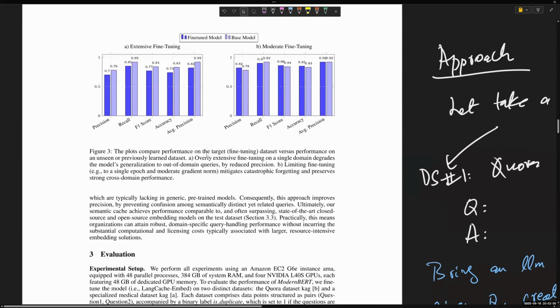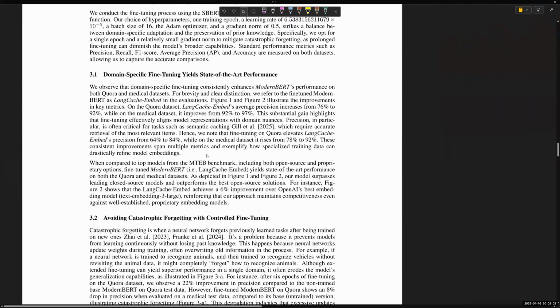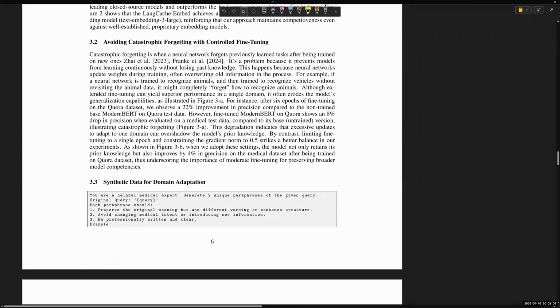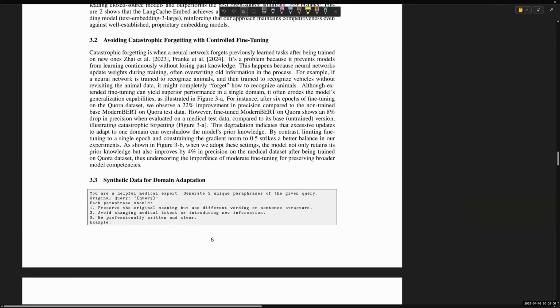Now, one of the things that happens is, does catastrophic forgetting take place? You would imagine, yes. If you, for example, train a machine to do very well on the medical domain, there is no such thing as a free lunch. It has become very good on medical, so it will start slightly doing poorly on Cora, the other data set.